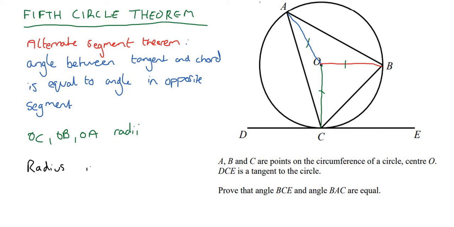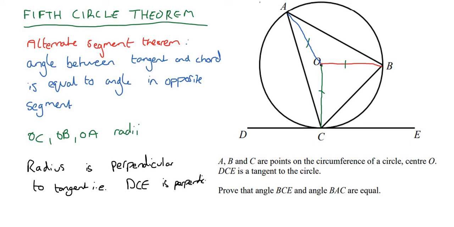Radius is perpendicular to tangent, so i.e. DCE is perpendicular to OC, and this tells us that this whole angle here is 90.